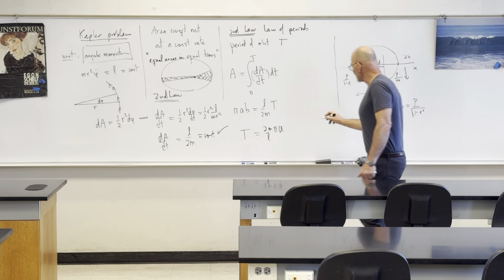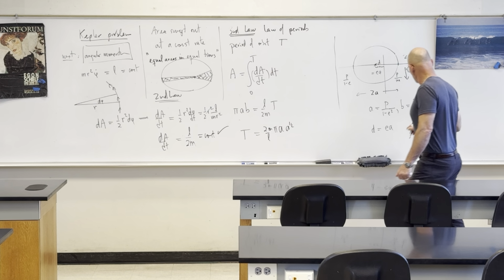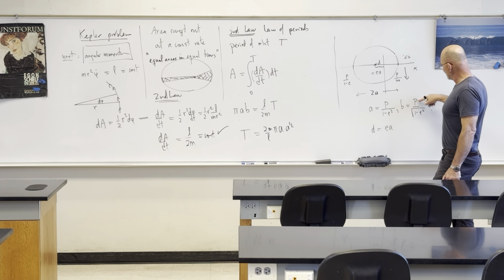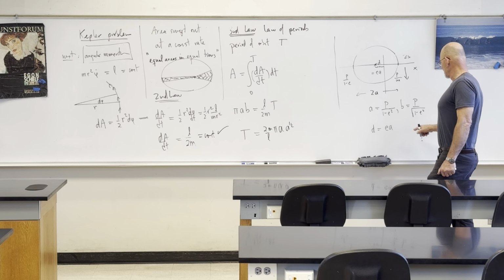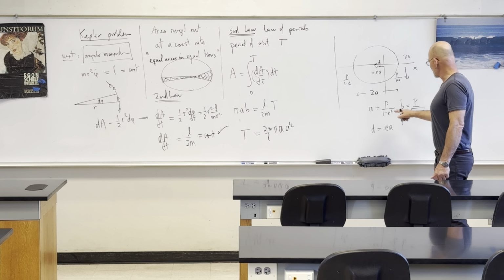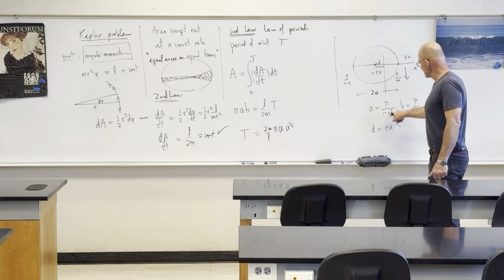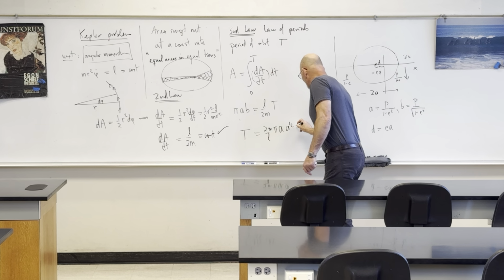We take the square root of a and multiply it by p to the 1/2. If we take the square root of a, we have the square root of p over 1 minus e squared. The square root of 1 minus e squared, and then we multiply it by p to the 1/2. Again, that gives us p.